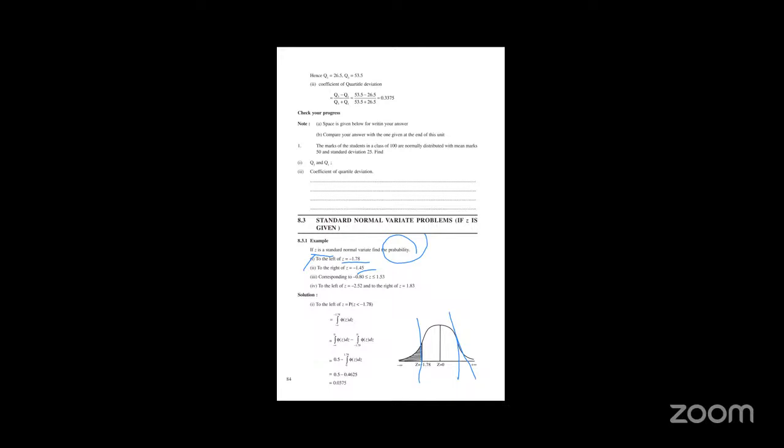Corresponding to 0.80 approximately, and Z approximately 1.53. To the left they are taking minus 2.52, and to the right Z is equal to 1.83. So these are the things they have given. How we need to solve, we'll see.